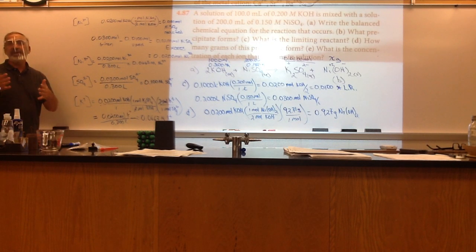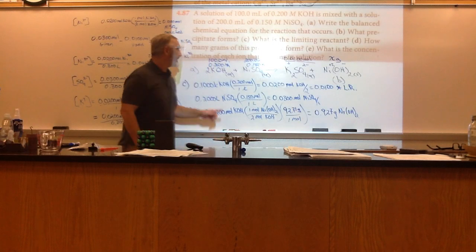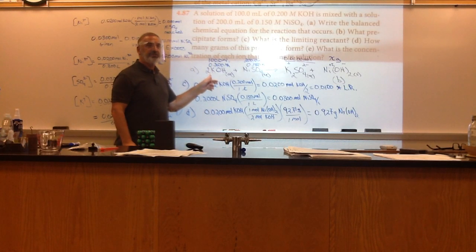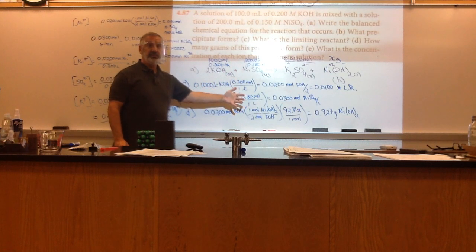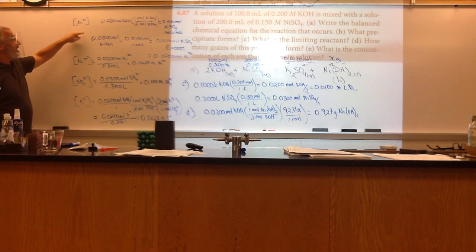Because none of it really reacted, whatever you started with, you're still going to have. So anything that's aqueous here and aqueous here is not going to change the concentration. The only one that's going to change is the one that precipitates out. Does that make sense? And so the only one that changed was the nickel. So we found out how much excess we had and then just went from there.